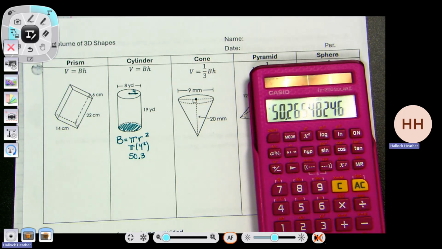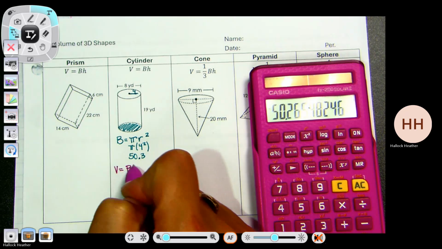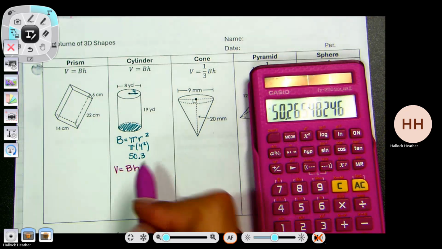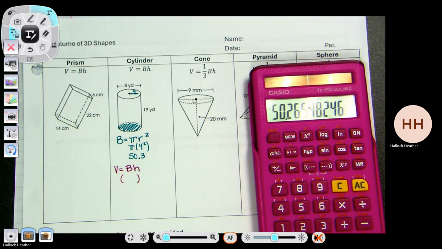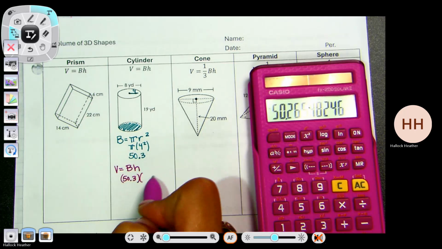What formula? Okay, what's my big B? 50.3. What's my height? 19.